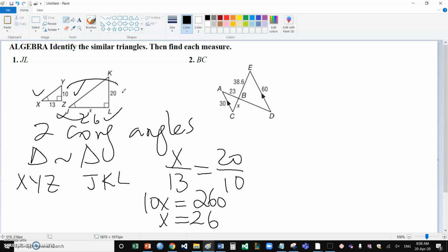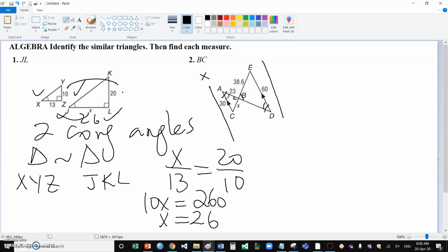Alright, let's look at the second example. We want to find the measure of BC, which is x. First, we need to make sure that these two triangles are similar. If we look at these two angles, they are vertical angles, and because these two lines are parallel, this angle equals this angle.